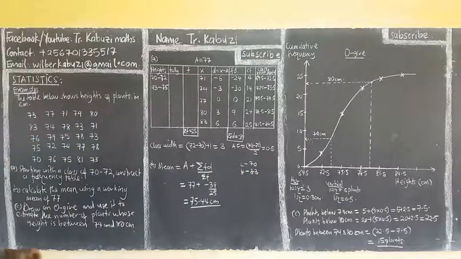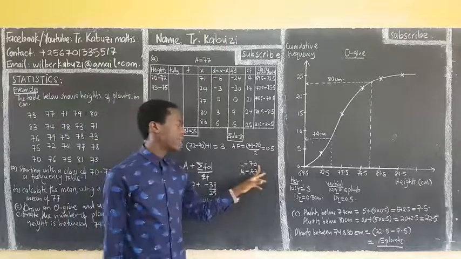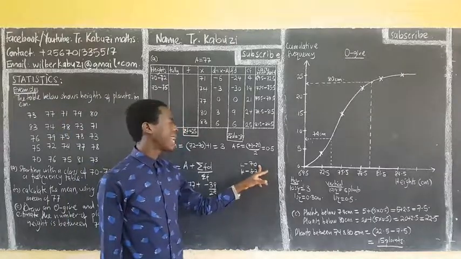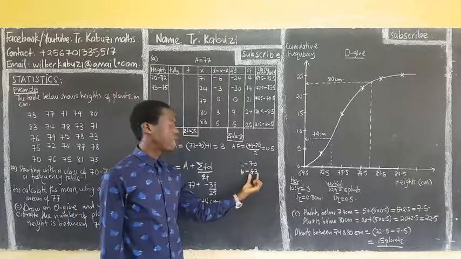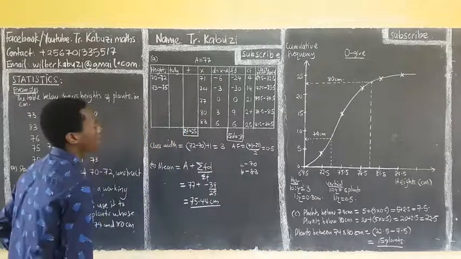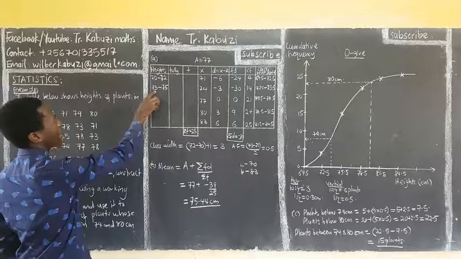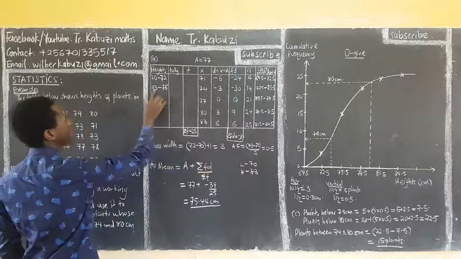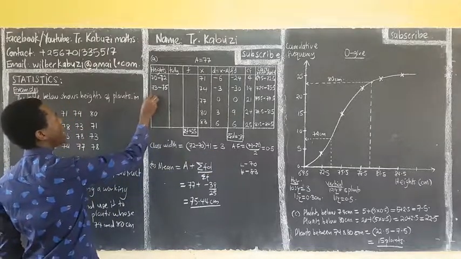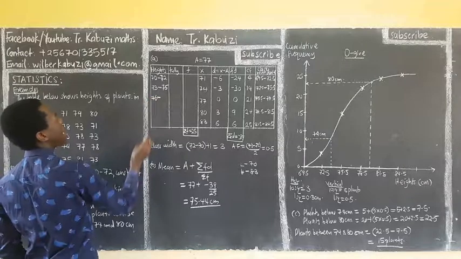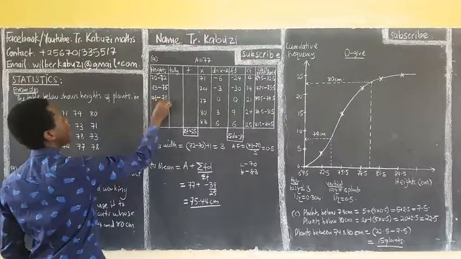So the first class should contain the lowest, and the last class should contain the highest, this value. To get the next class, I add the 3 because it's the class width. If I add the 3 here, I get 76. When I add the 3 here, I get 78.